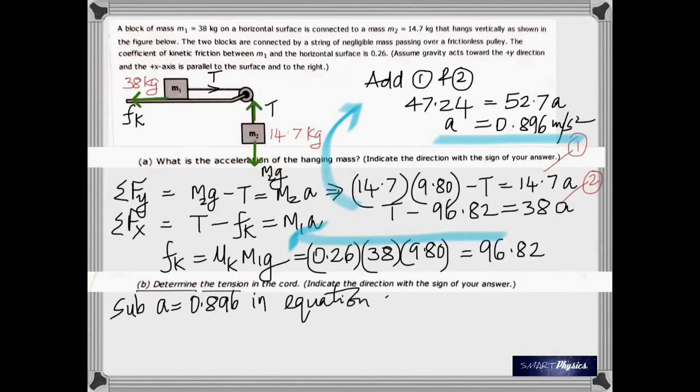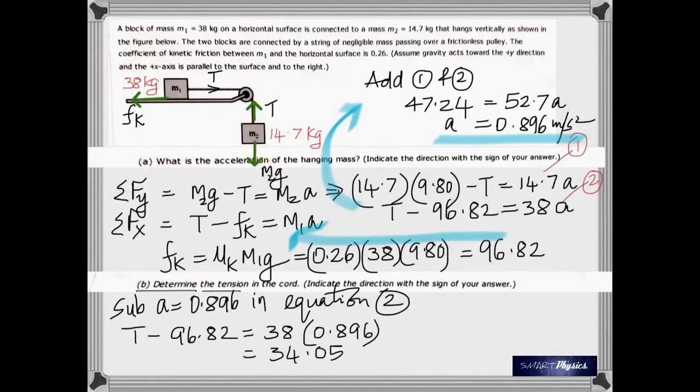I'm substituting it into equation 2, which is here, of course, and when I substitute, T minus 96.82 is 38 times A, which is 0.896, and on multiplication of those two terms I get 34.05, and then to find T, take negative 96.82 to the other side, so it becomes positive. Add those two numbers and we have 131 newtons, considering the significant figures.